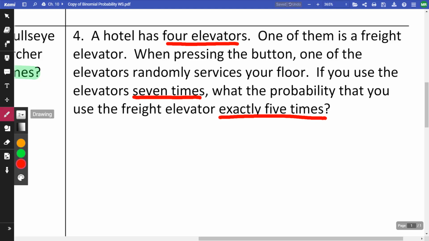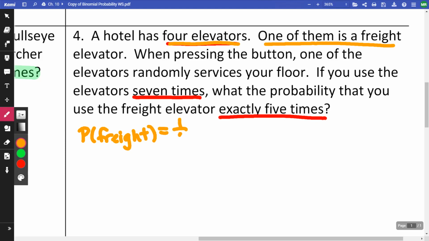Okay, so we have 4 elevators total, and one of them is a freight. So the probability of it being a freight is 1 out of 4. The probability of not being a freight is 3 out of 4. There are 7 times that the elevator is being chosen.